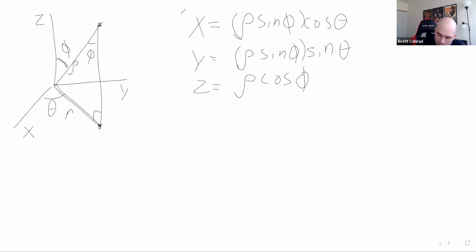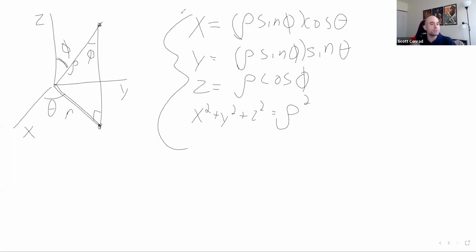So these you absolutely need to remember. And then we also have x squared plus y squared plus z squared is going to be rho squared, which you could figure out by squaring everything and adding them up and doing some simplification.